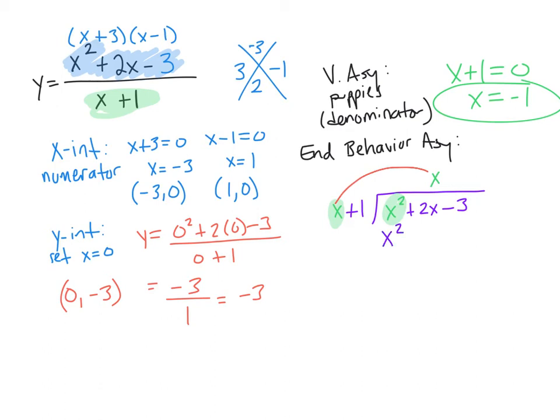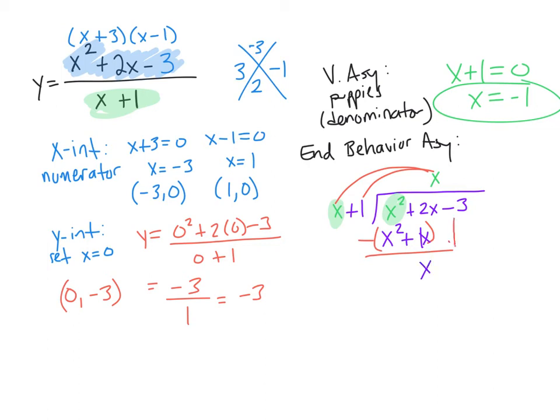And x times positive 1 is just 1x. Then I'm going to subtract all of that. So x squared minus x squared is nothing. Then 2x minus 1x is just 1x.